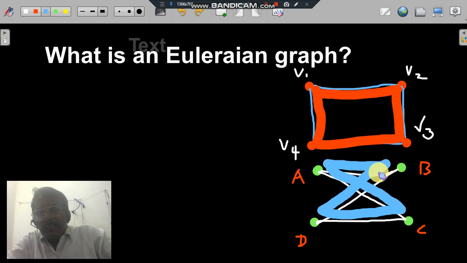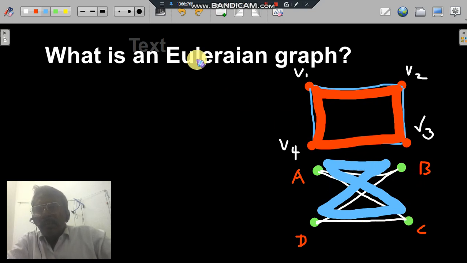This is a cycle such that each edge comes only one time. AB comes one time, BD one time, DC one time, and CA one time. So this cycle contains each edge of this particular graph only one time.